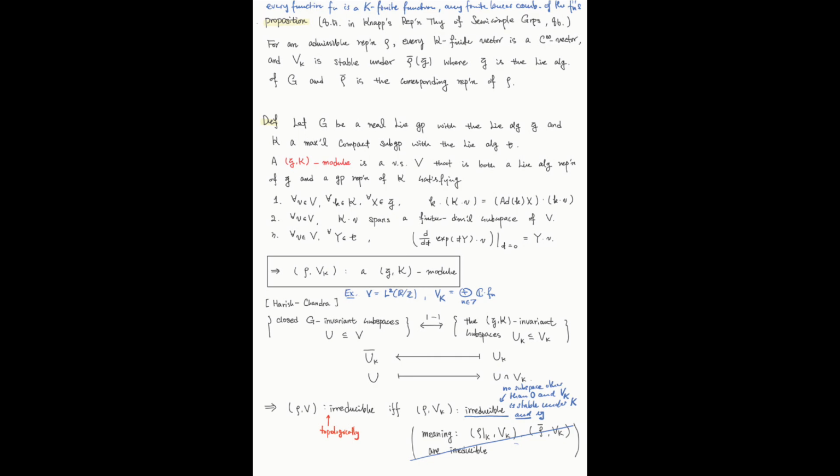This should really be topologically irreducible, meaning that a representation is topologically irreducible if the only closed G-invariant subspaces are the whole space and the zero subspace.